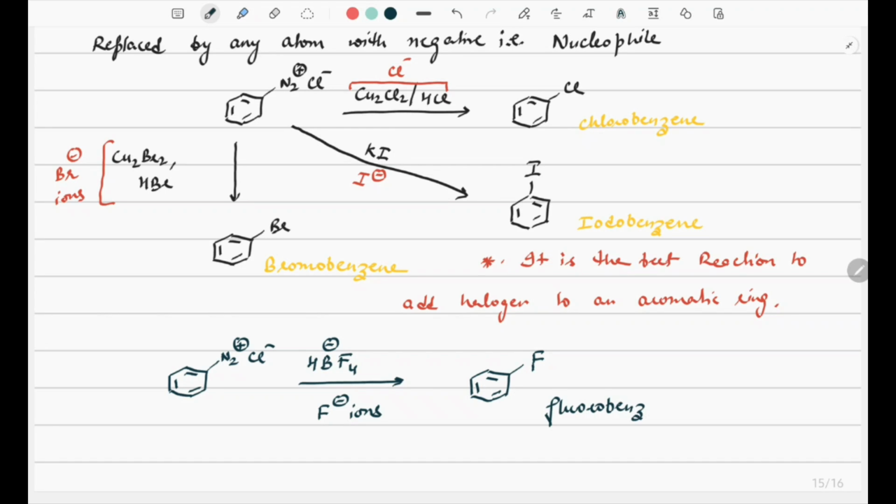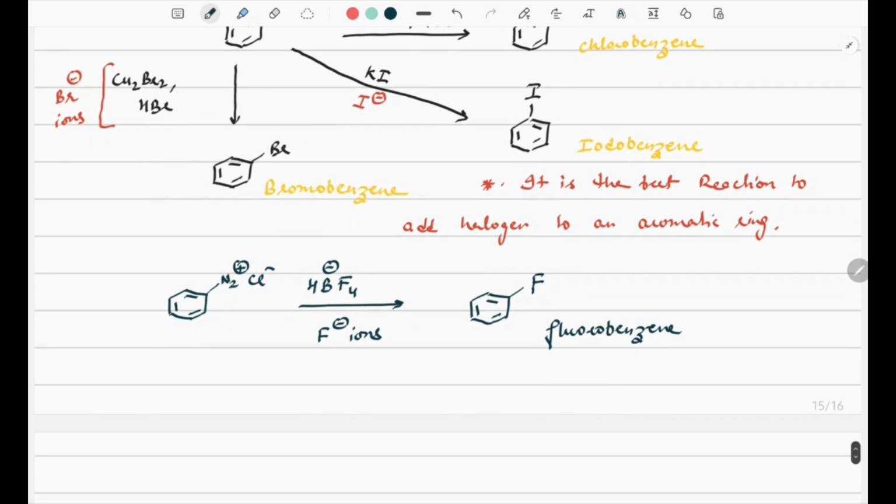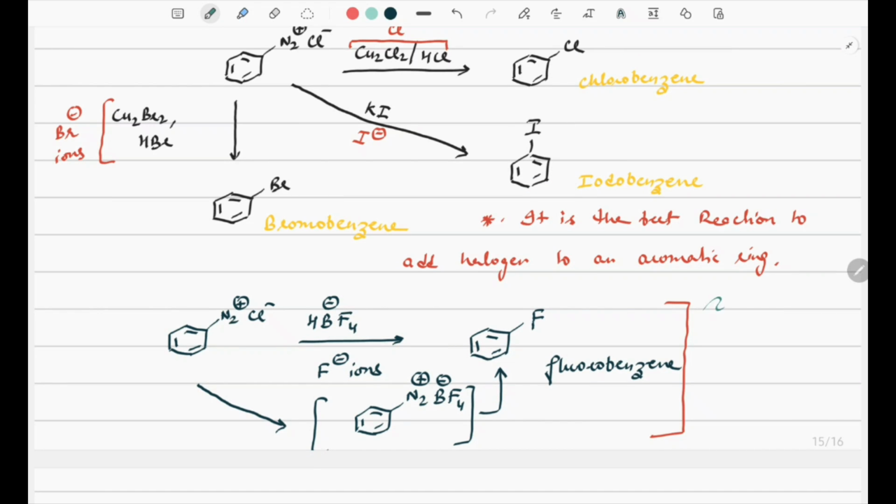This reaction is believed to proceed through an intermediate in which the chloride ion is first replaced by BF4 ions, and this intermediate is further converted into the final product. This reaction is known as the Balz-Schiemann reaction. So it is also a naming reaction.